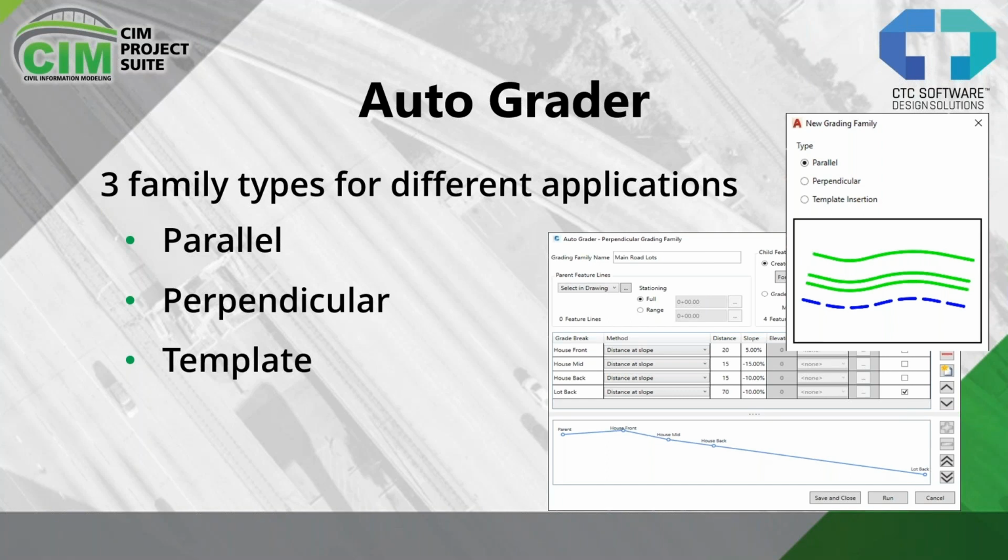This is great for that too. And then we have template insertions where you can create break lines that are a consistent feature, let's say, and then you can insert those and have those graded too. So today we're going to be using the templates as lot pads and show you how that will grade your pad right into your surface.